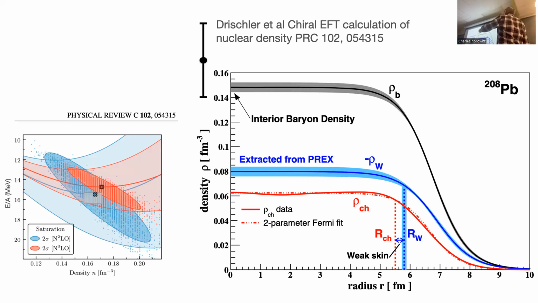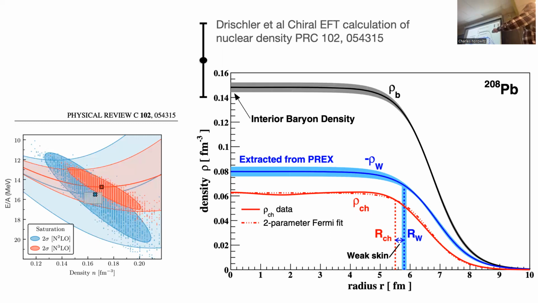This error bar here is not in lead. That's infinite nuclear matter. So this is chiral EFT calculations of the saturation density of infinite nuclear matter. So binding energy is a function of density. So you look at this red curve, and there's where its minimum is. N3LO is one higher order in the chiral expansion than N2LO. So the blue is a low order calculation, and the red is one higher order.